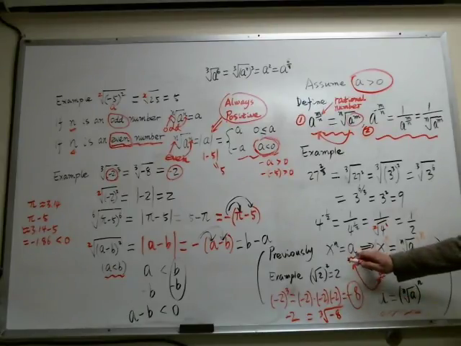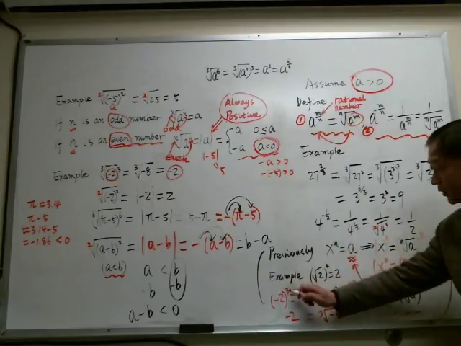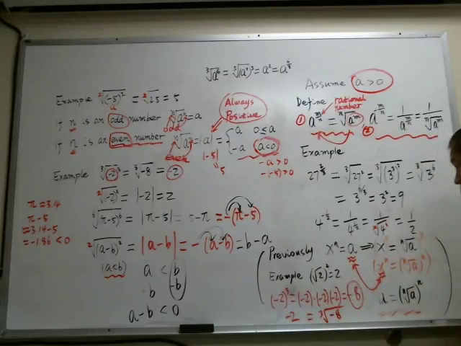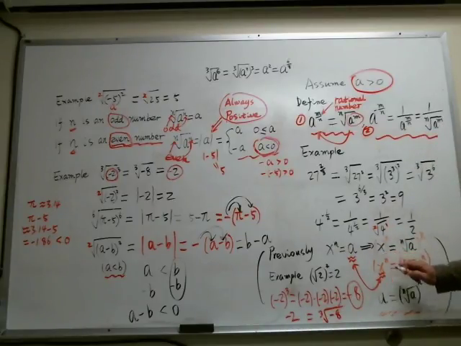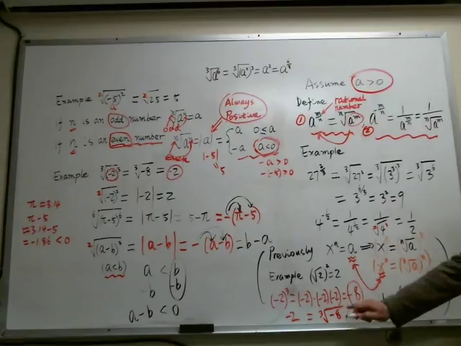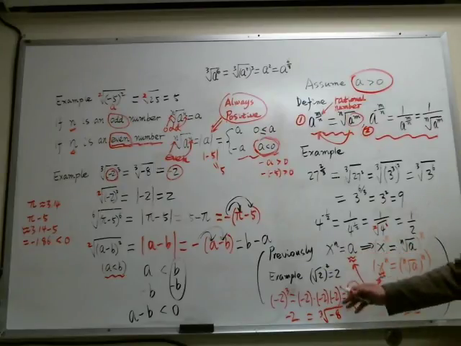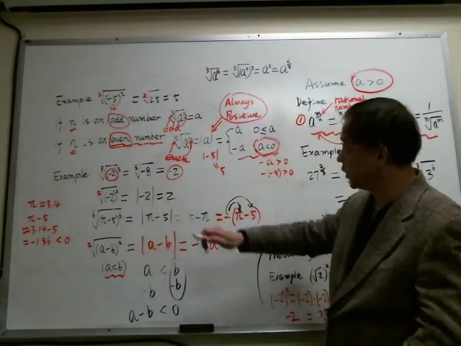A is like our negative 8. N is like our 3. X is like our negative 2. So negative 2 is the cube root of negative 8, with n being 3 and a being negative 8. That's what we got previously by this definition. So this one we are done.